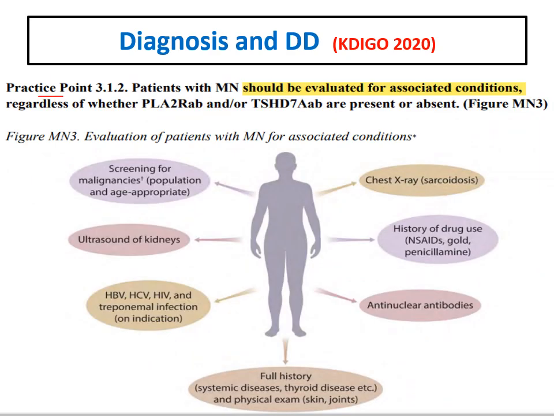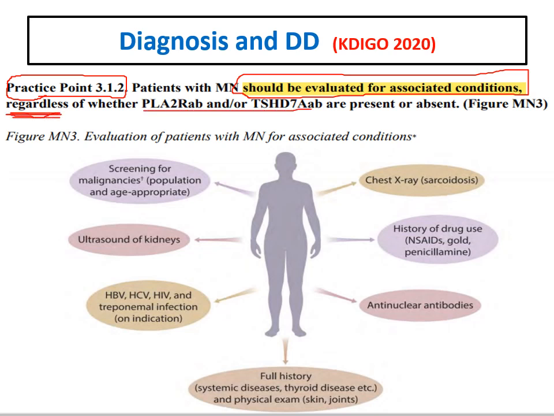Practice point 2: any patient with membranous should be evaluated for associated conditions, which are the common secondary causes. We are searching here for the secondary causes of membranous, regardless, and this is important, regardless of whether the serology is positive or negative.